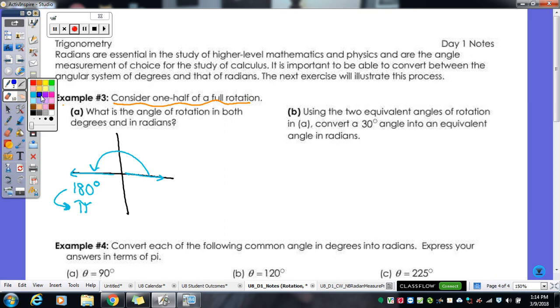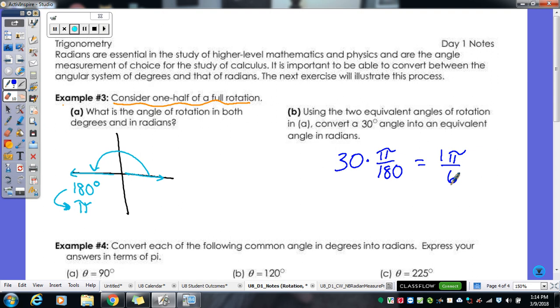Convert a 30-degree angle into the equivalent angle in radians form. So what we do is you take your 30 degrees and you multiply it times pi over 180. Close. You're just missing a very important part. You would end up getting 1/6 pi.